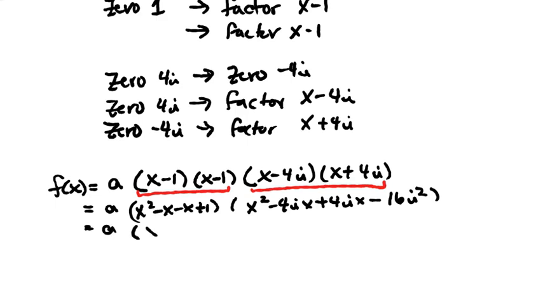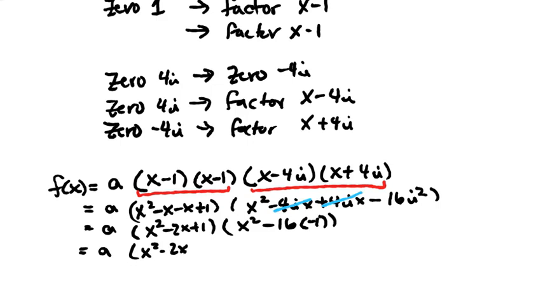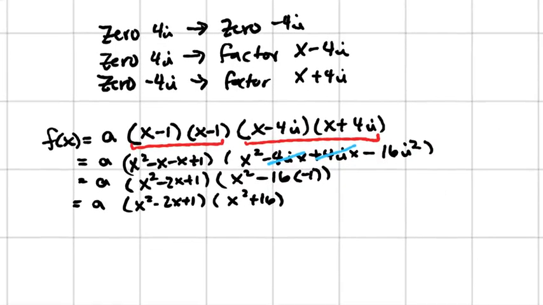I'll combine like terms, and minus 4ix and plus 4ix cancel each other out. i squared is defined to be negative 1. And negative 16 times negative 1 is a positive 16. So we have x squared plus 16.